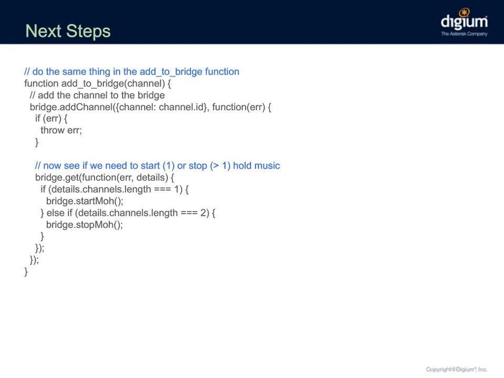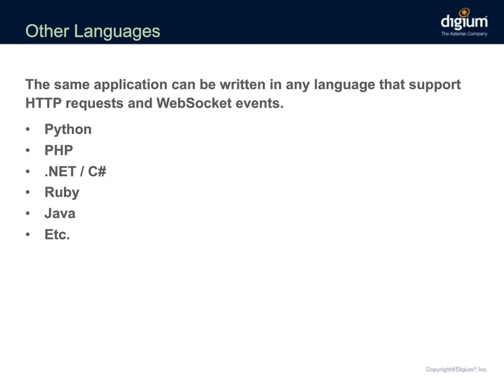Now, we used JavaScript for this example, and I was really hoping to be able to show a Python example and a PHP example, but I found out that I talk too much, and it doesn't actually all fit into this one webinar. But I will remind you that you can build it from Python, PHP, .NET, any of these other languages, and it's going to operate exactly the same. You'll still be listening for events. You'll still be responding to events.